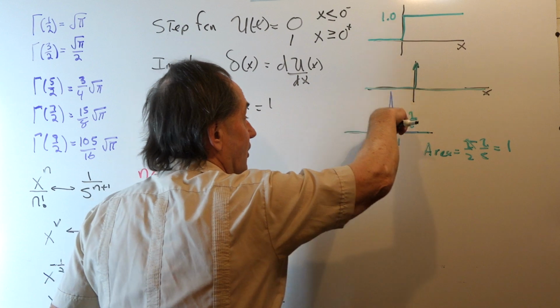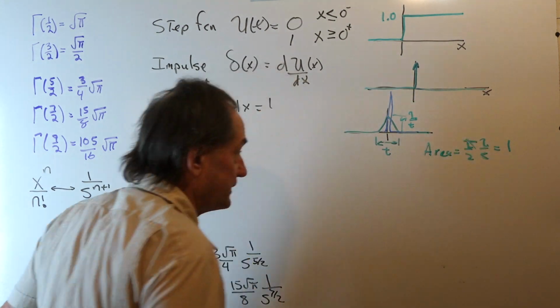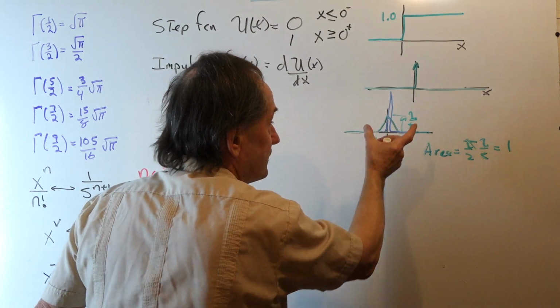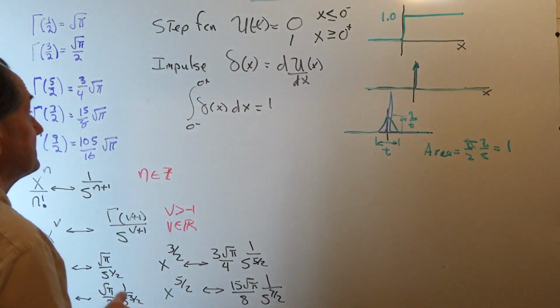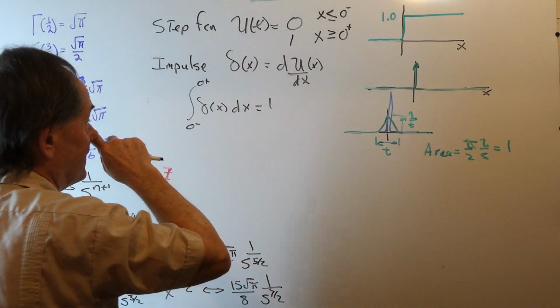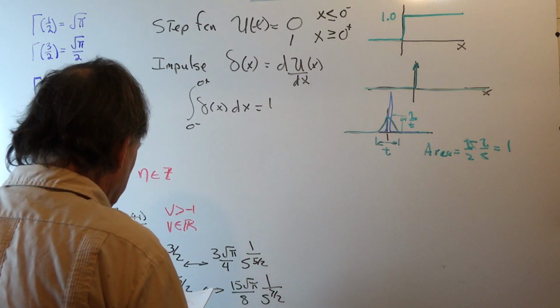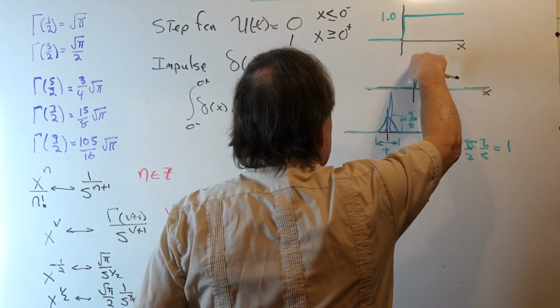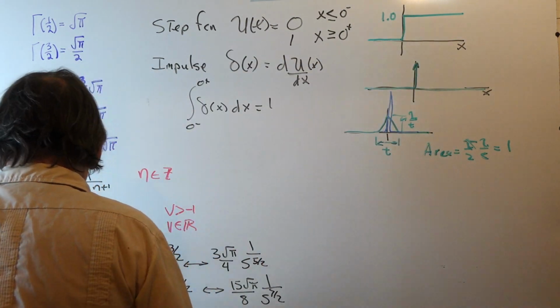The area under the curve always comes out to 1, because the height goes up in the same proportion that you shrink the width down. And that's how the delta function is defined. So it's everywhere 0 except right at 0.